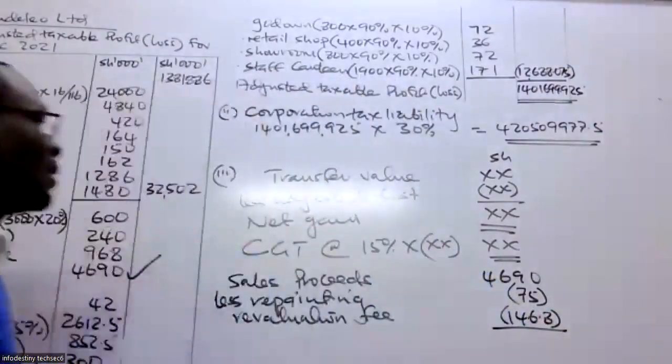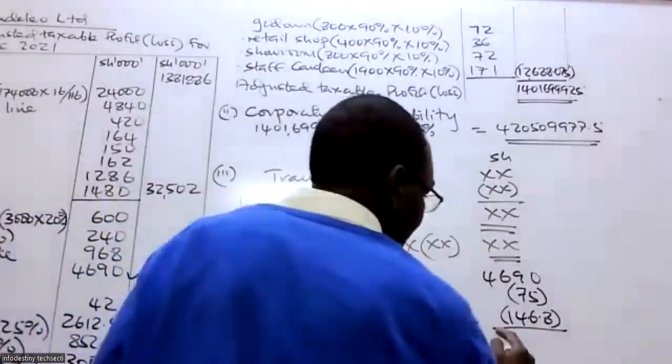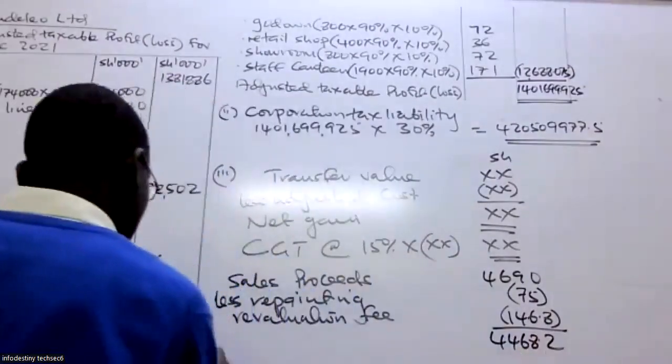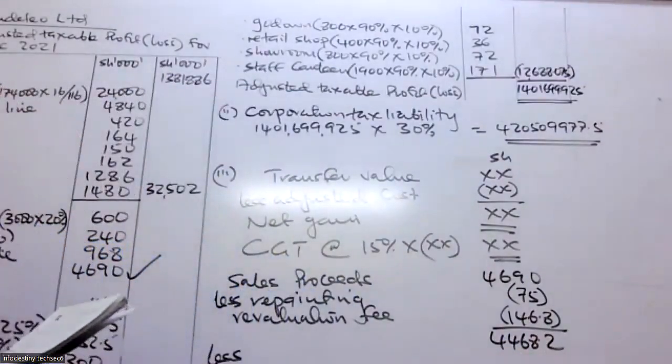So the difference gives you what we call transfer value. So transfer value is 4468.2.